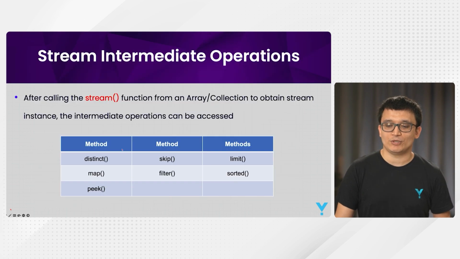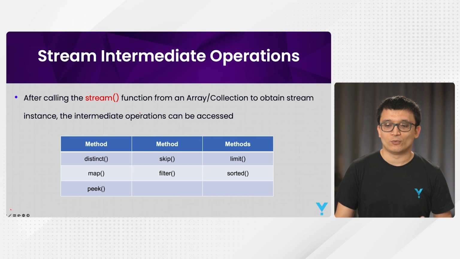In Java, we have intermediate operations which can be accessed whenever the stream instance is created. Each of those intermediate operations has its own functionality, but any of them will still give you a stream instance after the function is performed.